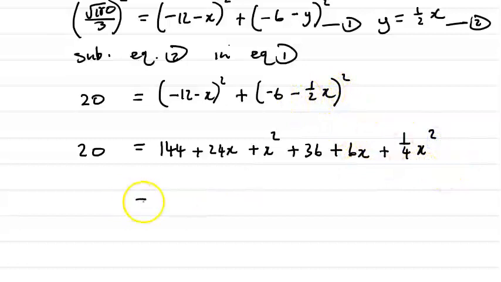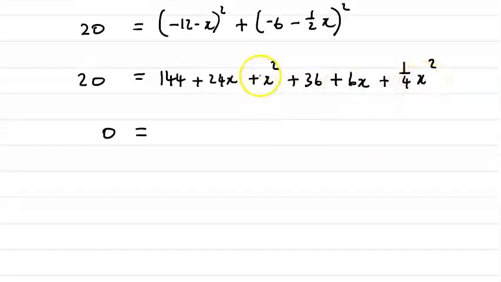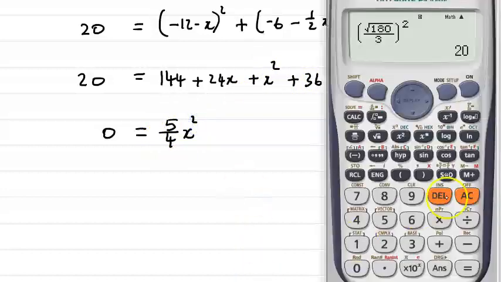So as you can see, we have a quadratic equation. So therefore, let's make one side equal to 0. Now, we've got x squared plus 1/4 x squared. So remember, 1 plus 1/4 will be 4/4 plus 1/4, which is 5/4 x squared.